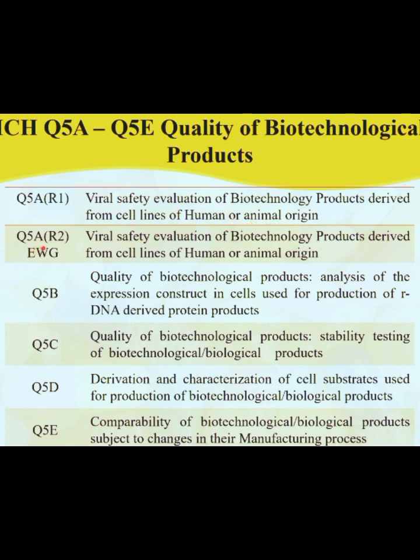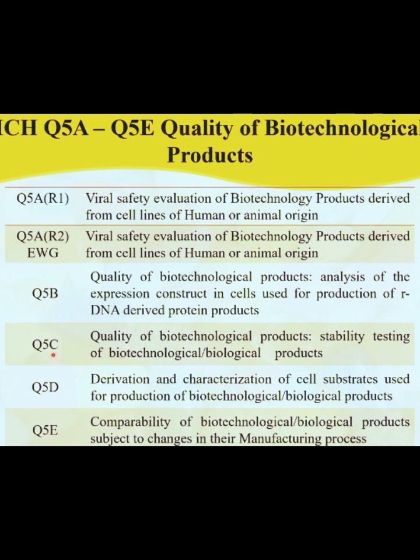The next one is Q5AR2EWG. It deals with viral safety evaluation of biotechnology products derived from the cell lines of human or animal origin. And Q5B, it deals with the quality of biotechnological products, mainly analysis of the expression construct in cells used for the production of rDNA derived protein products.